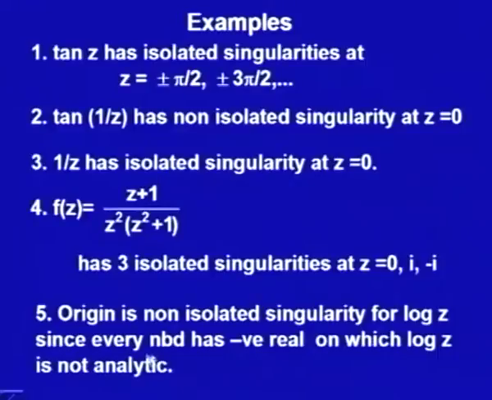Since every neighborhood of origin will contain some negative reals for which log z is not analytic, origin is a non-isolated singularity, that is, every neighborhood of 0 will contain some points at which log z is not analytic. This isolated singularity has some importance, we would find out a little later.